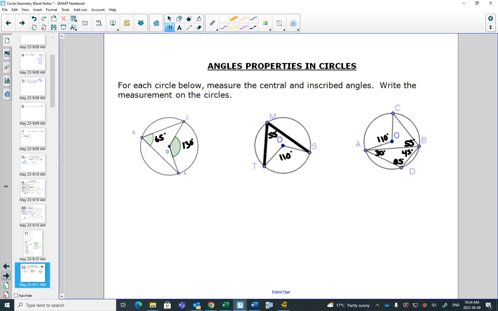First of all, you should see what special thing happens, because it's the first key thing in this unit. There is something that happens in this unit that if you do this, and I tell you this is 50, you should be able to tell me what the central angle is.